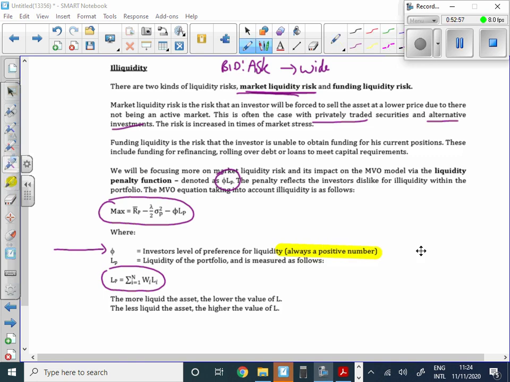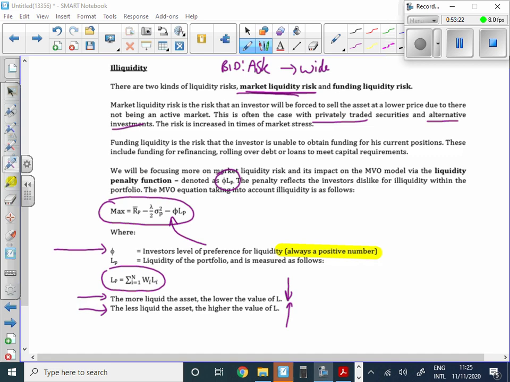How do we calculate levels of liquidity? The more liquid the asset, and unfortunately, again, it's not so intuitive, the more liquid the asset, the lower the level of L. The less liquid the asset, the higher the level of L. And it makes sense, of course, guys, because look at this last equation.